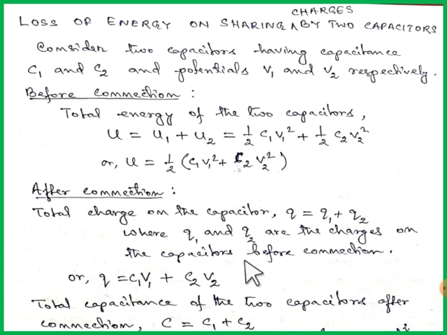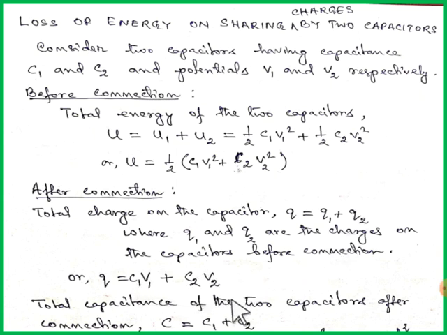Let's try to express this Q1 and Q2. We don't know Q1 and Q2, but we know the potentials V1, V2, and the capacitances C1, C2. So let's express the charge in terms of those known quantities. Q1 will be equal to C1 V1, and Q2 will be equal to C2 V2.